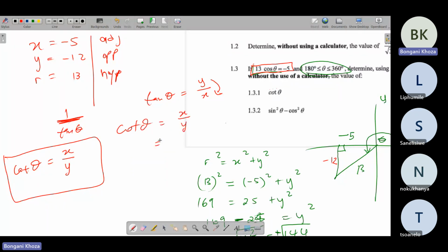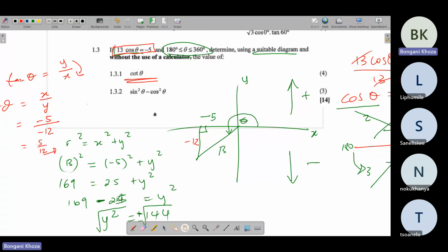Our x value we know as minus 5. Our y value we know as minus 12. So this is just 5 over 12, like that. Those negatives will cancel each other. So we are done here. As you can see, you're given extra marks for all of these diagrams.